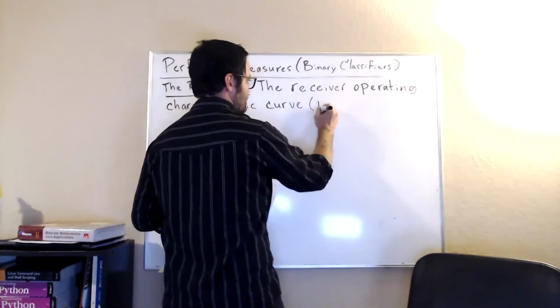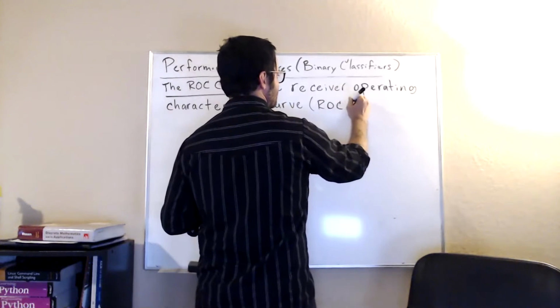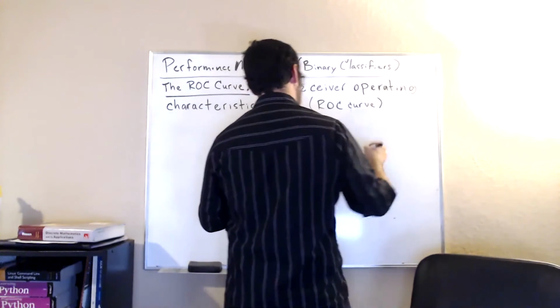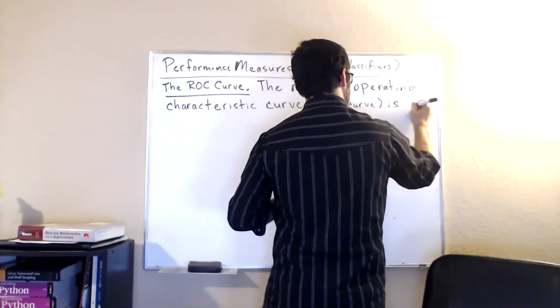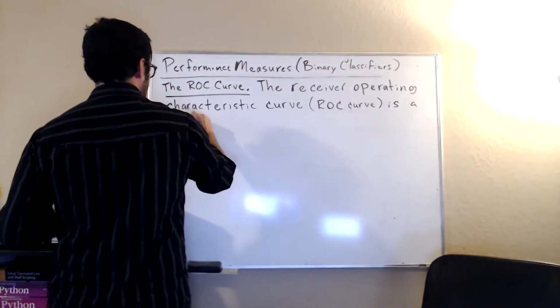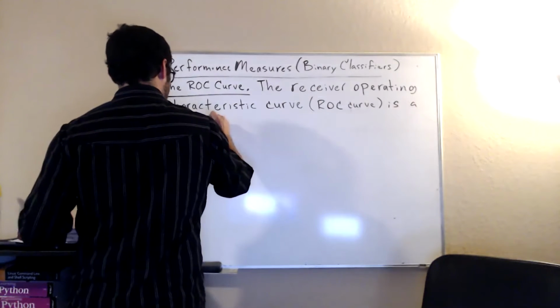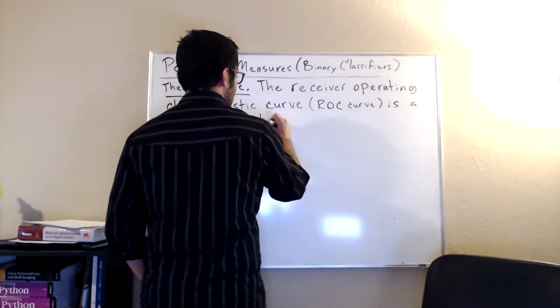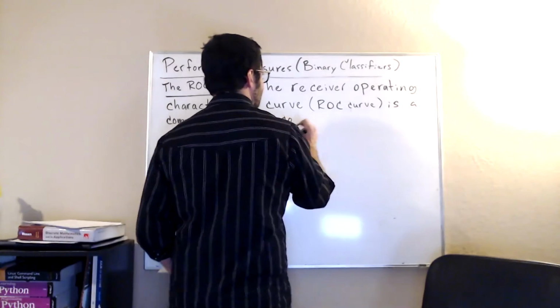This is clearly the ROC curve. It is a common tool used to compare binary classifiers.